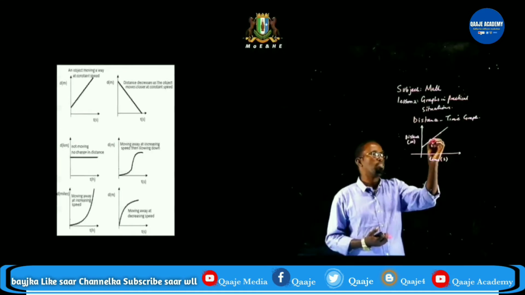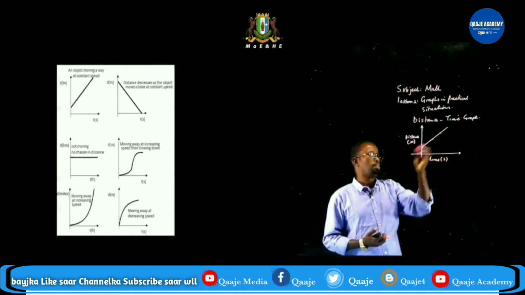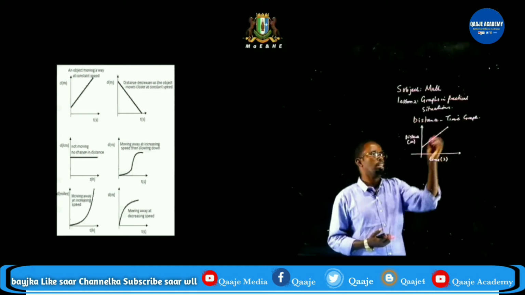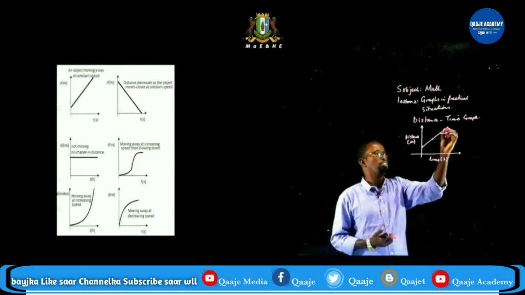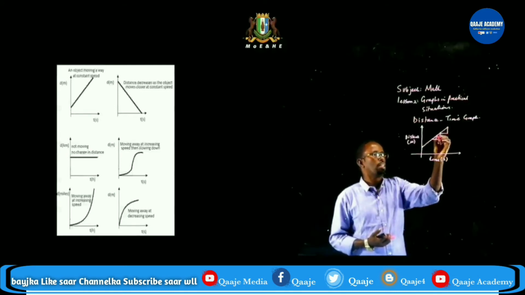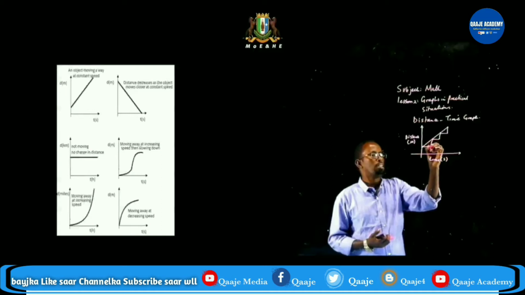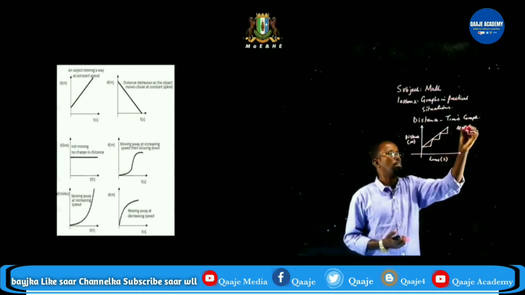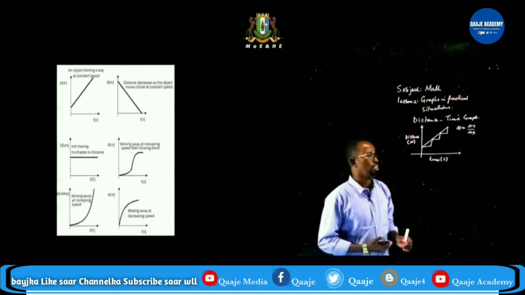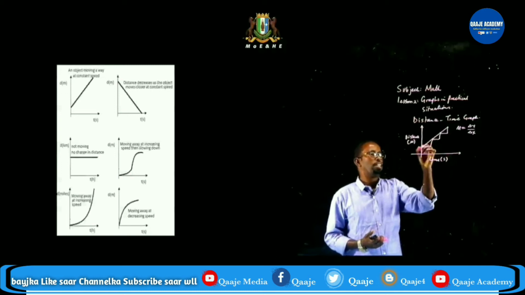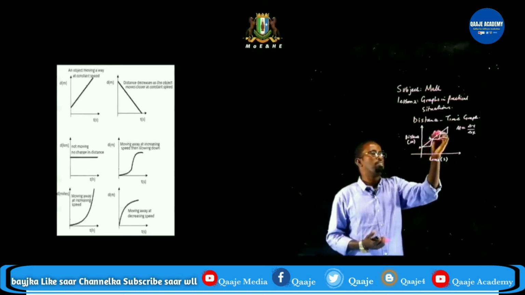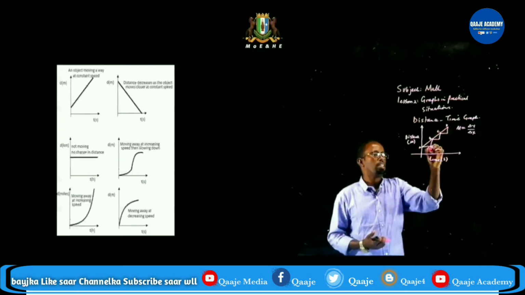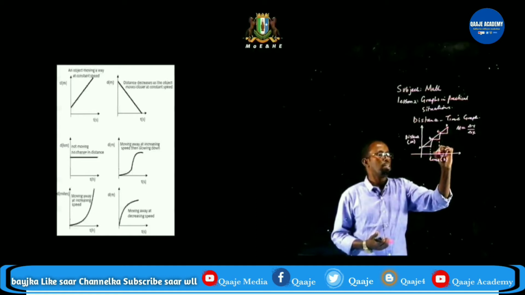Let's take some points on the line, and when you find the gradient, it is equal to change in y divided by change in x. Let's say A, B, C, and then D, and then you have some points here.